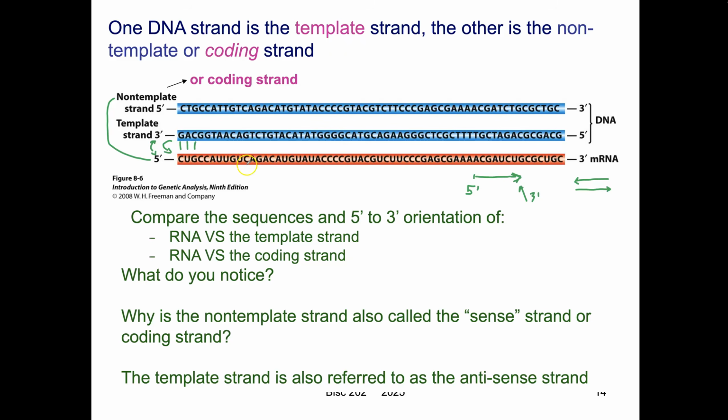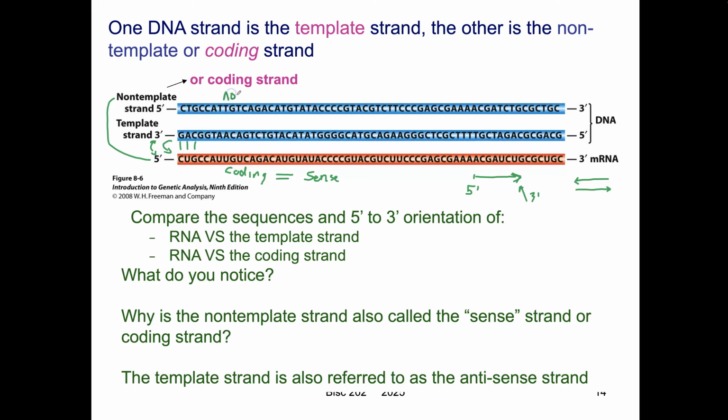So it has the instructions for the protein, and so it has what we call the coding information. It's also referred to as the sense strand because sense refers to the fact that it has, again, the information for the amino acid sequence. So coding and sense mean the same thing.